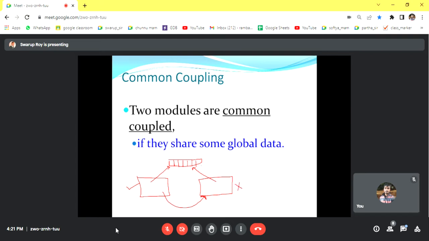Because you know, if you have studied already, the shared memory concept in operating systems and all. I think you have operating system this time, am I right?